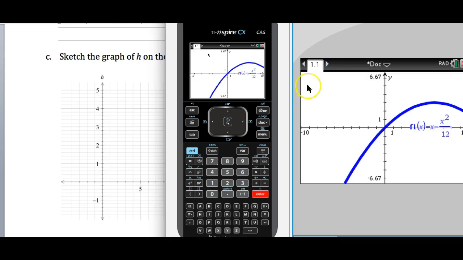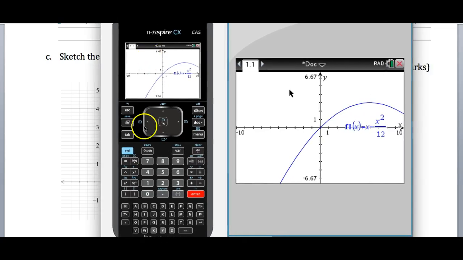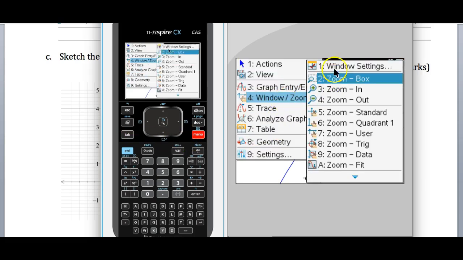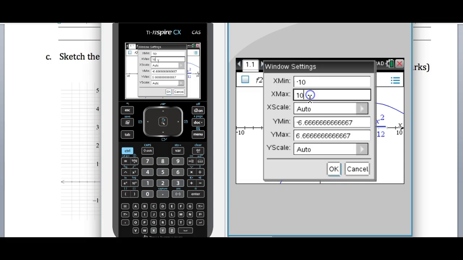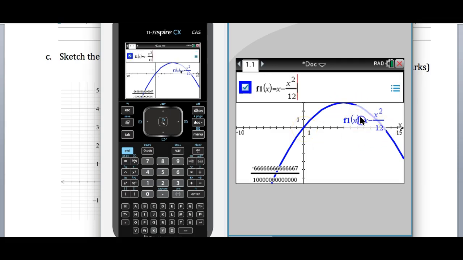Okay, and there it is. You can't see the axes, so remember, look at what it says on the piece of paper. So let's just make our x a bit longer. So you can see you've got an x-intercept there at 0 and one at 12, and your turning point.